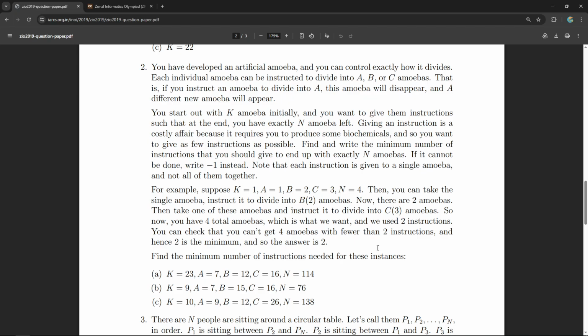We have to do it in such a way that the number of operations is the least, and the final answer is N equals 114, or 76 and so on. That's the basic thing. This is a lengthy one, I guess.